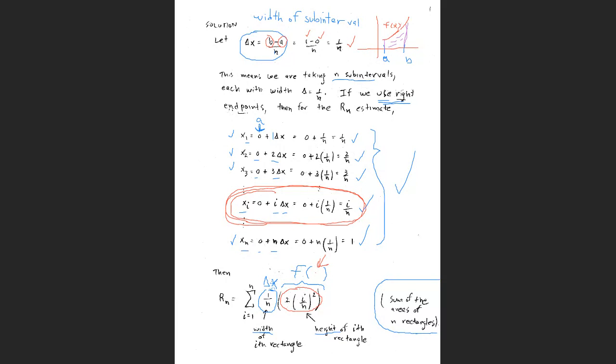The height of the ith rectangle comes from evaluating the function at x sub, well, not x sub n, but x sub... all right.